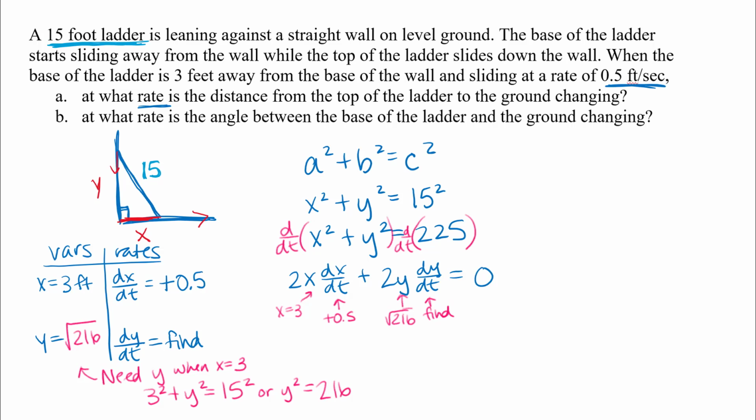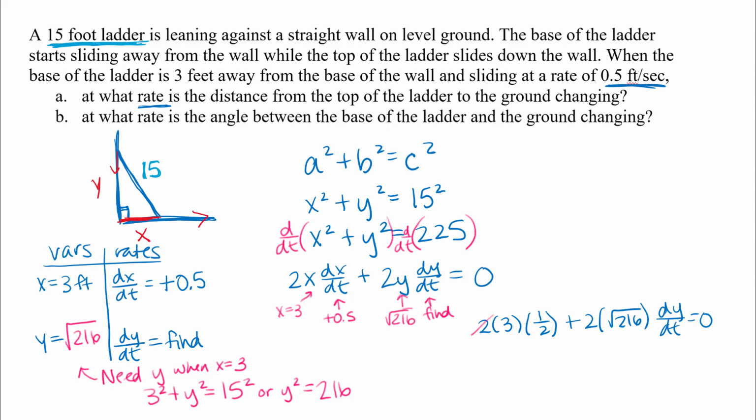All right, but now I'm ready to finish my problem. I'm going to go over here to the side and do that. So I'll have 2 times 3 times 0.5, or maybe I'll write that as 1/2, plus 2 times y, my y was square root of 216, times dy/dt equals 0, and now I need to just solve for dy/dt.